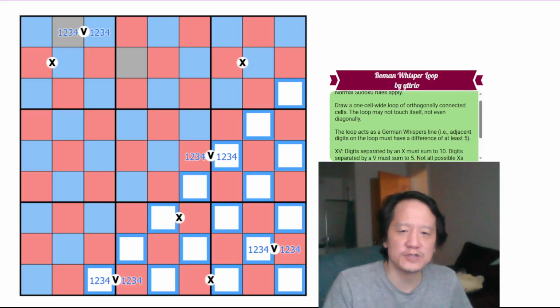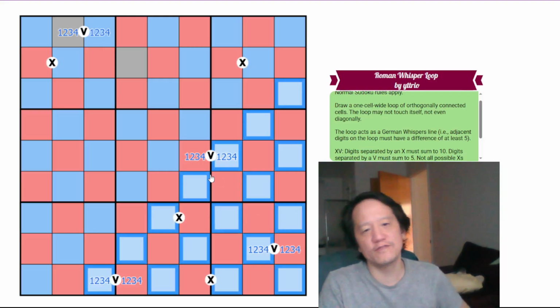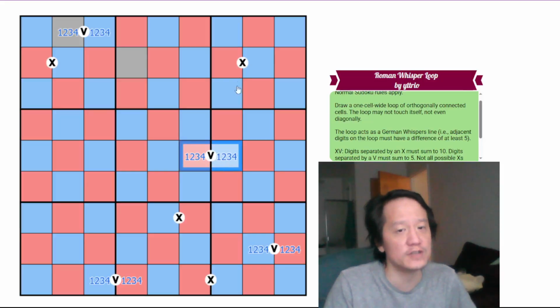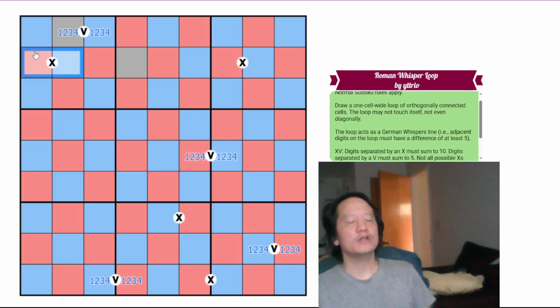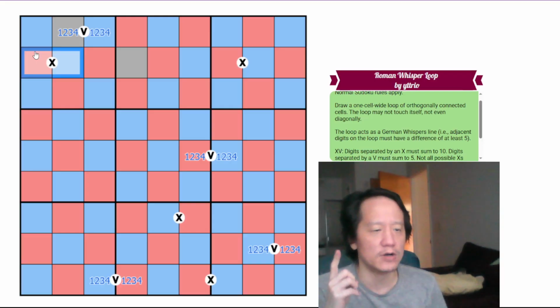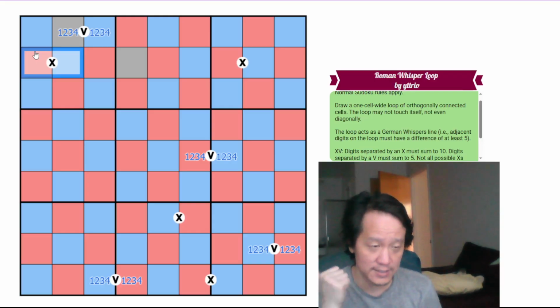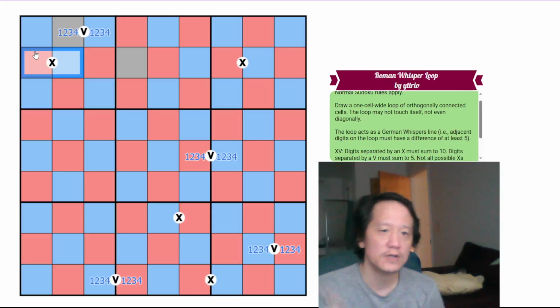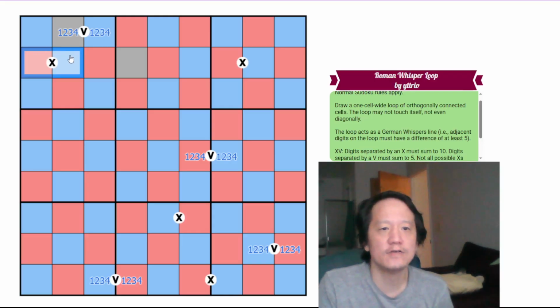Well, that gives us important information, particularly for V's and X's. We know every pair of V's and X's has at least one digit on the loop. And if it's an X, if this is on the loop, it's 1 through 4, right? It has to be low. That means this is 6 through 9.